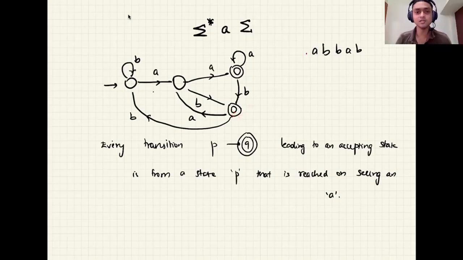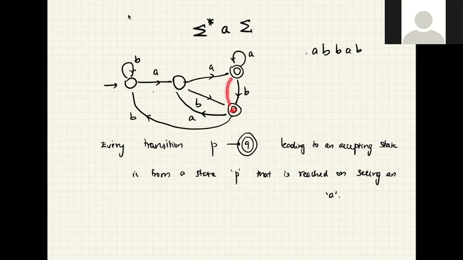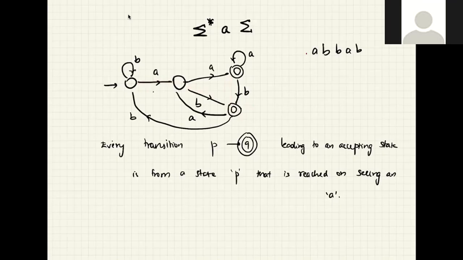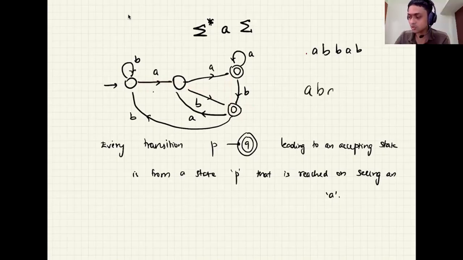Thanks, Asif. From the final state, when you take the A transition after going through B, could you go to the second accepting state also for A? No, see, then A would be accepted.